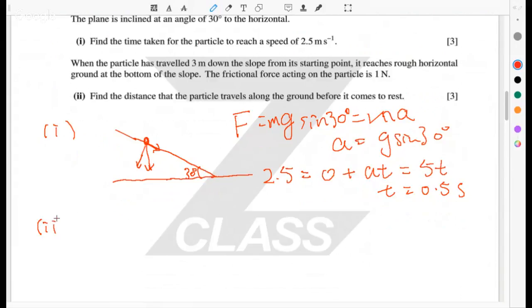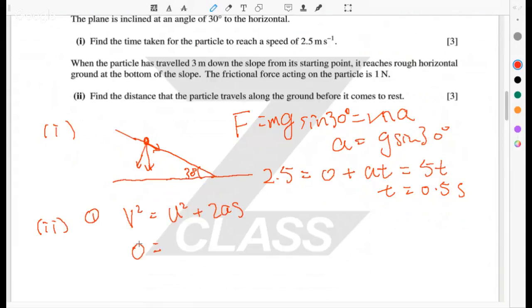And for this question, we would need to use SUVAT. And well, this is the first method and probably the most intuitive one, where you use v squared equals u squared plus 2as. And because we want the distance traveled before the particle comes to rest, the final velocity would just be 0.